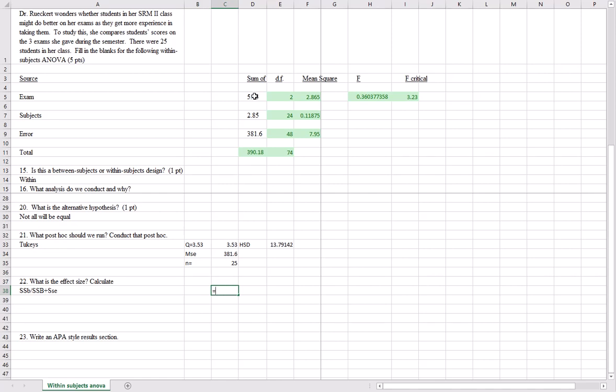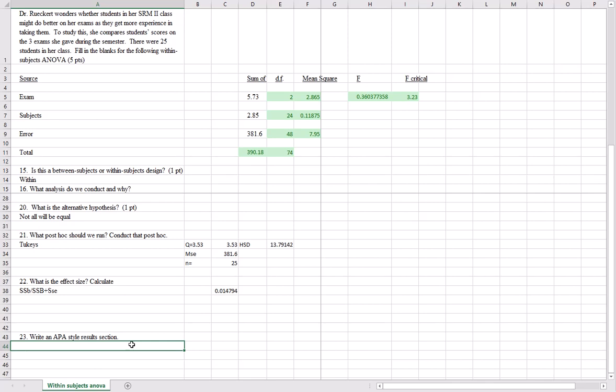So we end up with a very tiny 0.014, but again, this wouldn't be relevant as we are not supposed to be conducting an effect size.